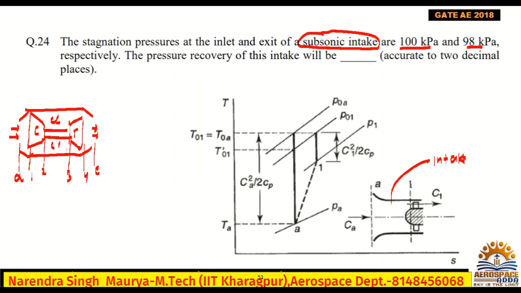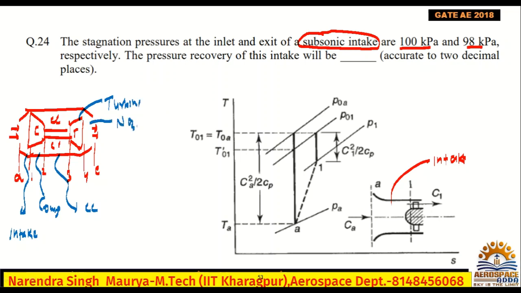Yes or no? So intake, compressor, combustion chamber, turbine, and nozzle. That you know. Check. So I'm considering that part A to 1. So A to 1 is the intake. Check. This is A. This is 1.